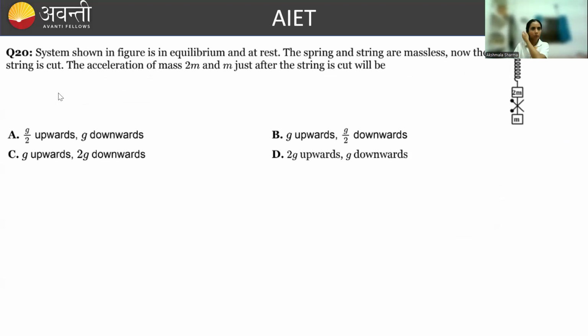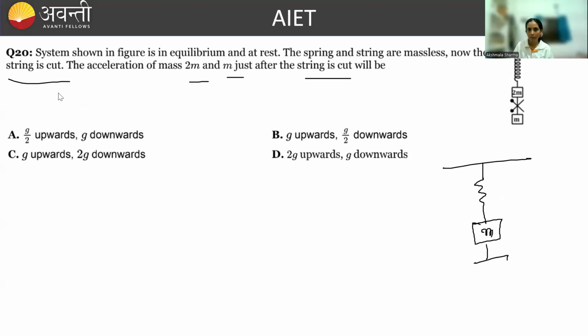Now, system shown in figure is in equilibrium and rest. The spring and string are massless. Now the string is cut. Find the acceleration of mass 2m and m just after the string is cut. Just after. So initially a string is like this. This is 2m. This is m.